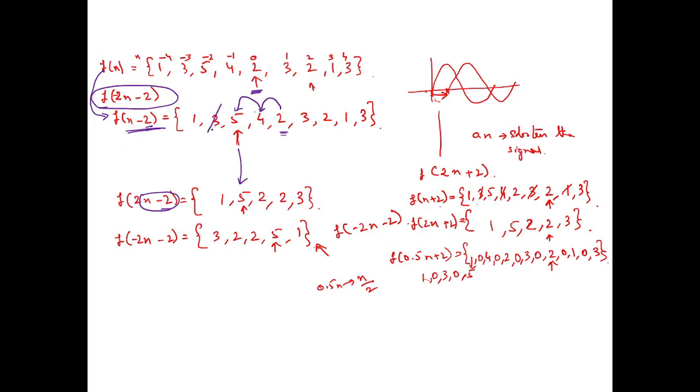The first value I will cut, I will take the second value. After the origin, 4 I have deducted, 2 will come. 3 I will cancel out, 1 will cancel out, 3 will come. Are you getting my point? Now our signal is f of 2n minus 2.